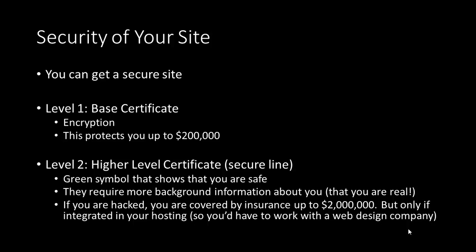There are two different levels of SSL that you can get. One is a base certificate that just encrypts the information. A second requires you to submit your company information, submit personal information. They do an investigative background check on you to make sure that you're a legitimate company. And then when you come to the website, you'll have a big green symbol or area in the address bar, and that's a symbol to show that you are safe and that you are SSL.